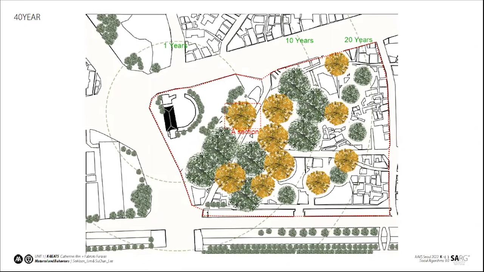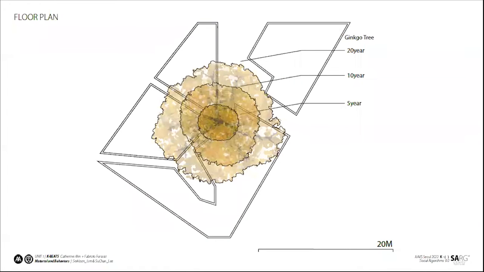Trees generally grow for about 20 years, and after that the growth rate is low. Over time, trees create gaps in busy cities, cutting buildings and controlling the city's speed.